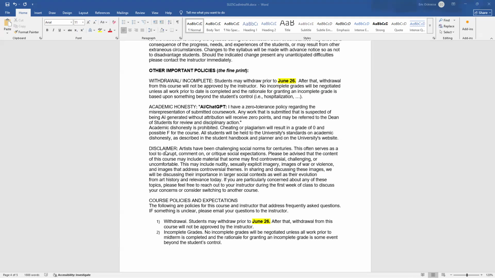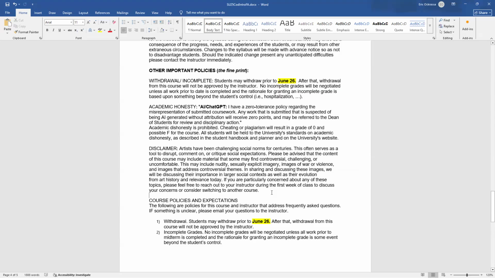And then also in previous semesters, we've had a little bit of issues with some people not anticipating possibly adult themes or material that may be a little bit uncomfortable. And this disclaimer here goes over that. Be advised that there might be some things that are controversial, challenging, maybe even uncomfortable.